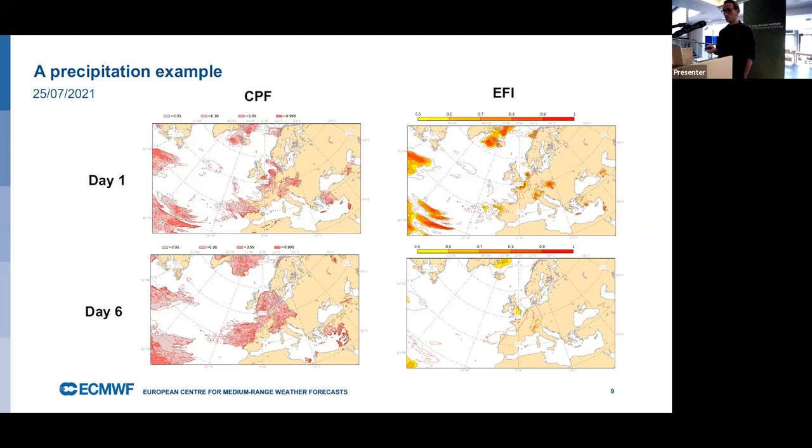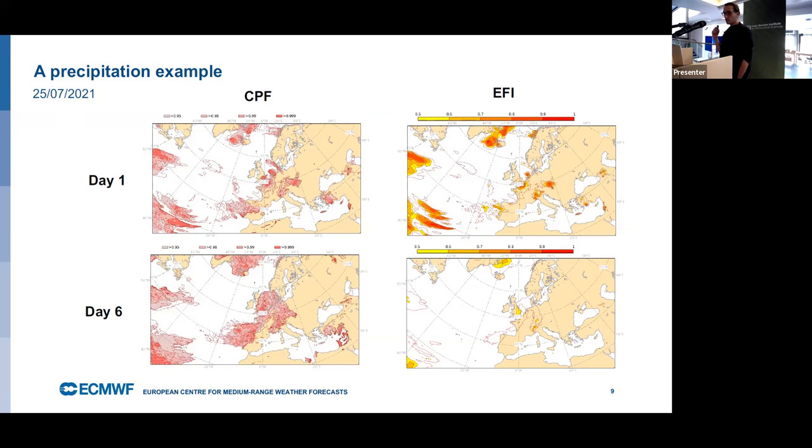There is one noticeable exception, south east of England, where there is a strong signal in the CPF, but no signal in the EFI, and we experienced flash floods that day in the London area.